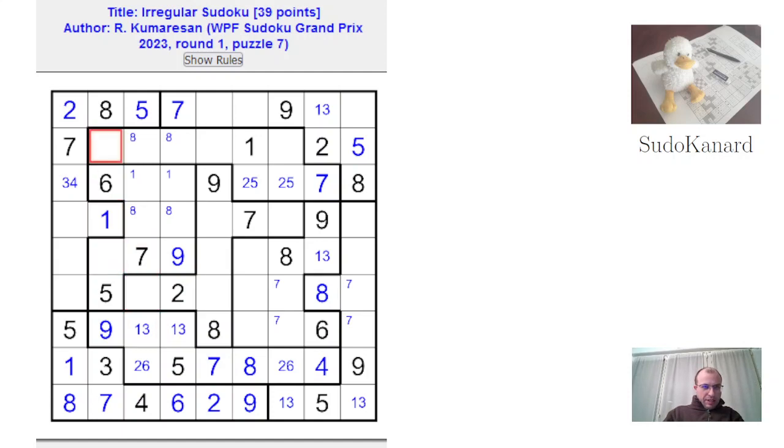So this column still needs a 2, it's not here, that's a 4, and that's a 2. So here, what other digits do we need? 3 and 4. 4 is here, so 4 goes there. And 3 is still allowed everywhere, I think.